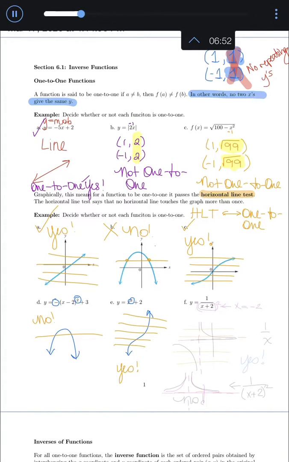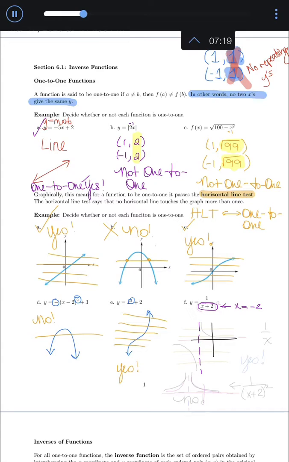Now what about F? F is a special graph that we talked about back in chapter, I believe it was 4 on fractions. And we said, well, if you've got a fraction, whatever's going to make the denominator 0, in this case x equals -2, will be what's called a vertical asymptote.